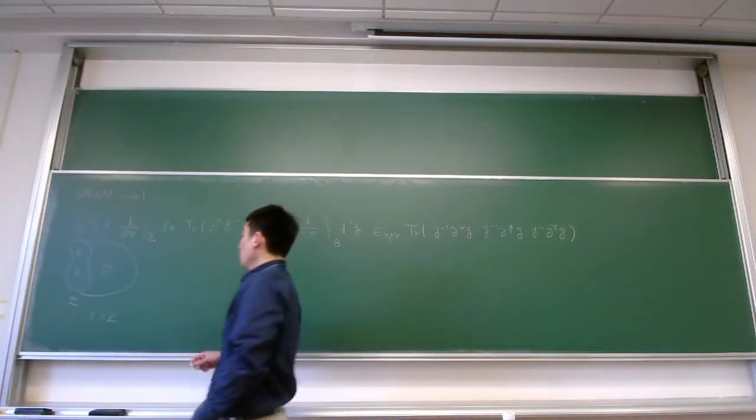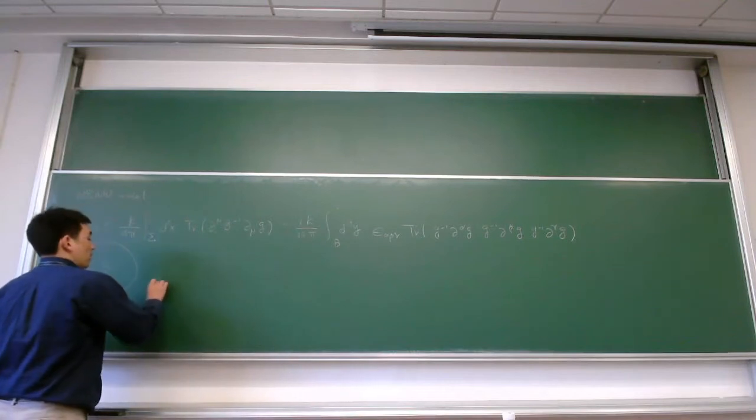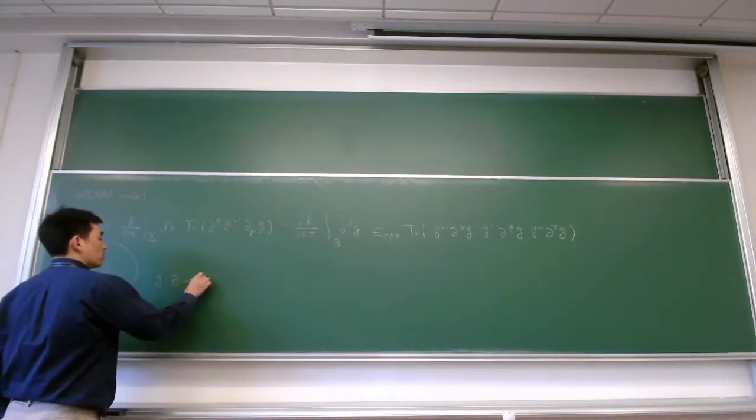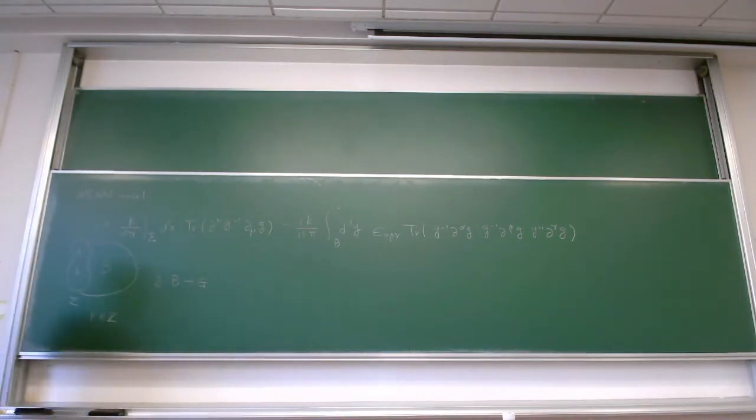So G is indeed the map from B to the Lie group G. This we already checked, and K has to be an integer.